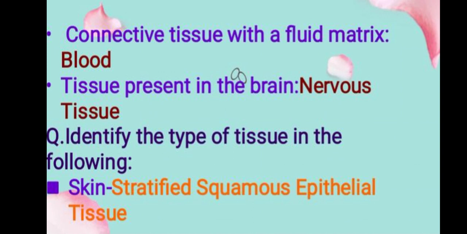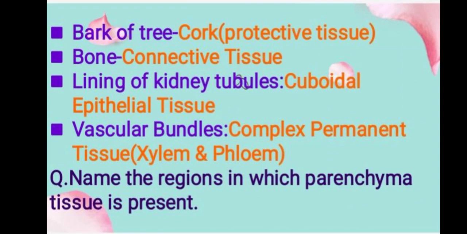Another question is again to identify the type of tissue in the parts mentioned below. Number one is skin. So answer will be stratified squamous epithelial tissue. Bark of tree. Answer is cork, which is a kind of protective tissue. Bone. Bone is a kind of connective tissue. Lining of kidney tubules. Cuboidal epithelial tissue.